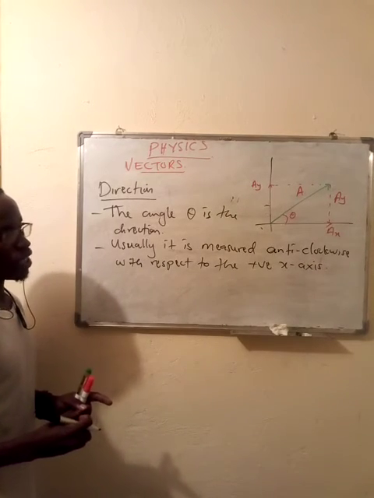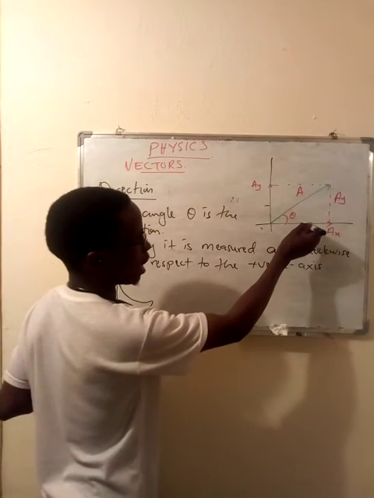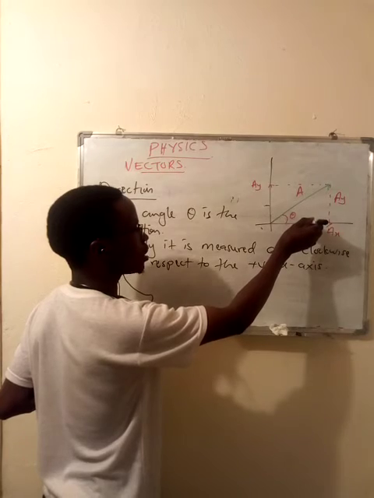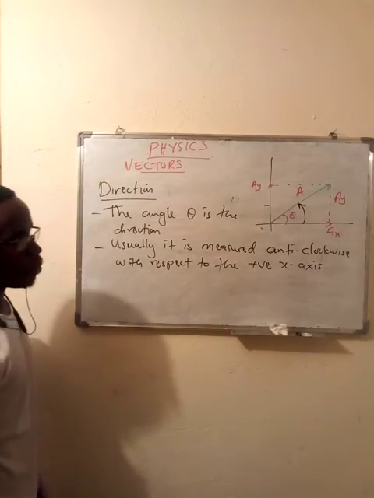So if it is going anti-clockwise, then it is going to be a positive angle. If it is going clockwise, then it's going to be negative. So anti-clockwise, it's positive. Clockwise, it's negative.